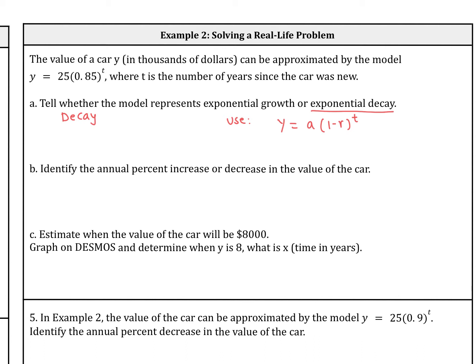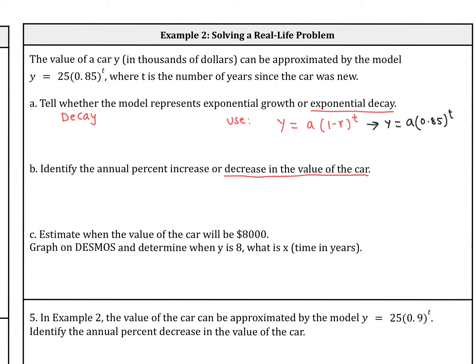If we decided that this is going to be a decay function, then obviously we are going to find the percent decrease. Now we are going to compare this 1 minus r with the original function y equals 25 times 0.85 to the power t.